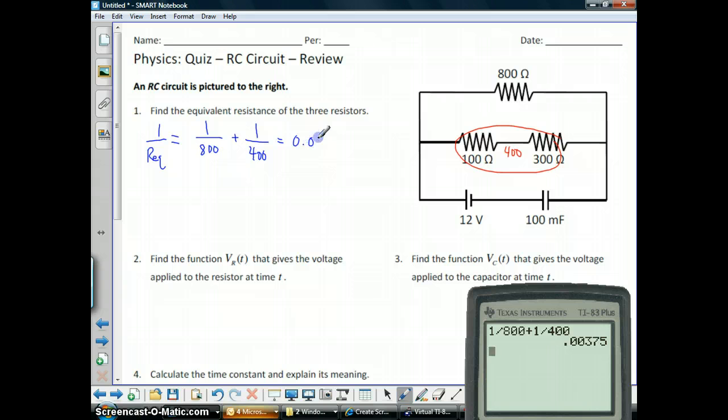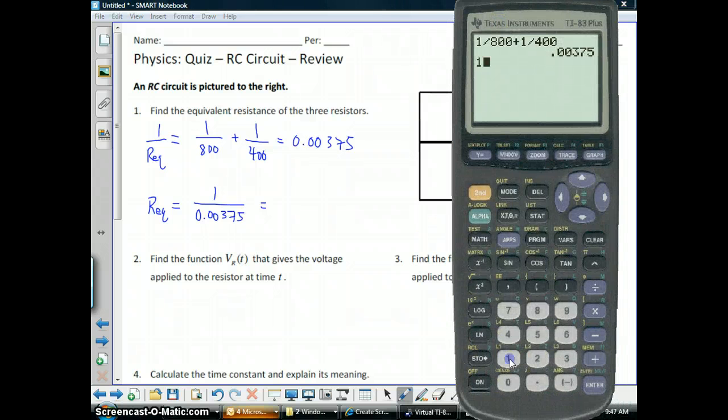Equals 0.00375. But then to find the actual resistance, I do 1 over that number. And on the calculator, you can just do 1 divided by answer.